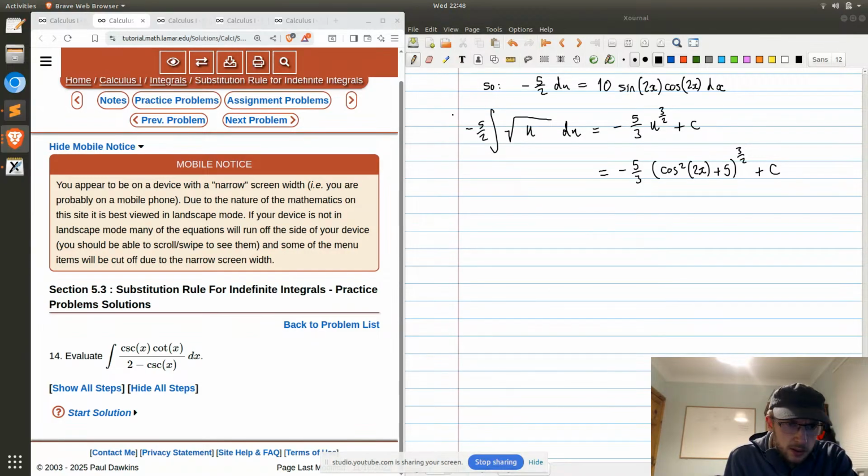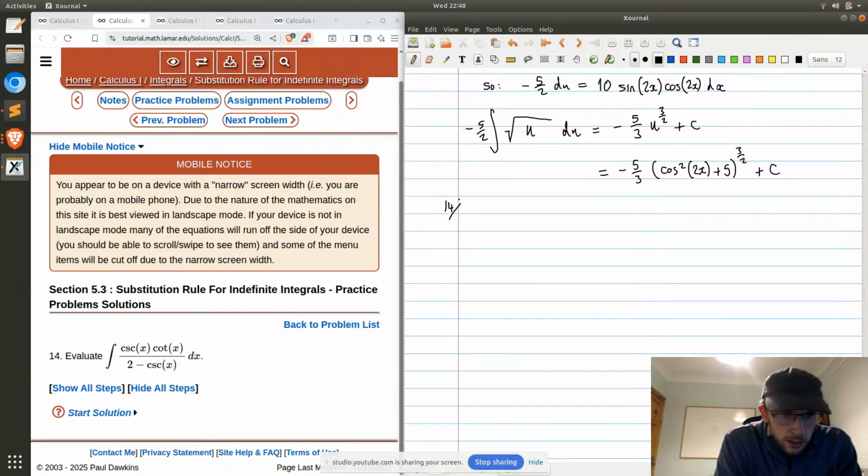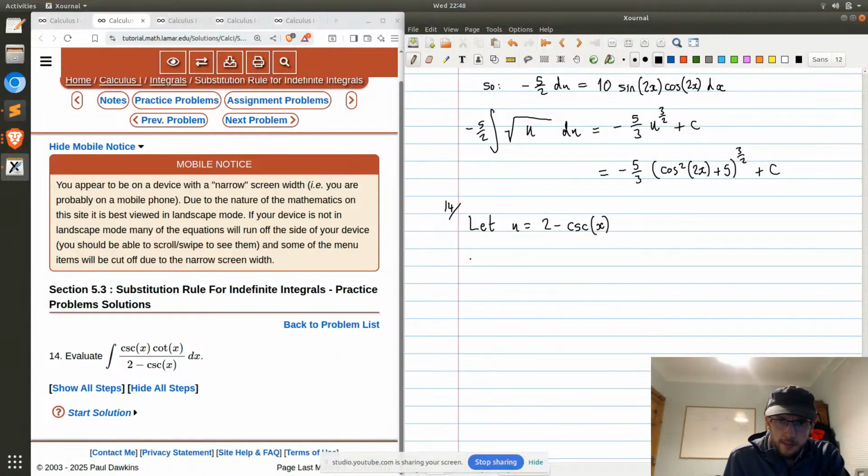Now what do we have here? d by dx of cosec x is minus cosec x cot x. So that turns into that. There. Compute differentials.